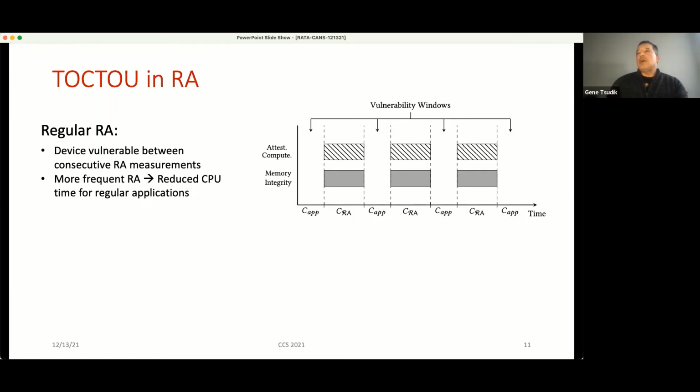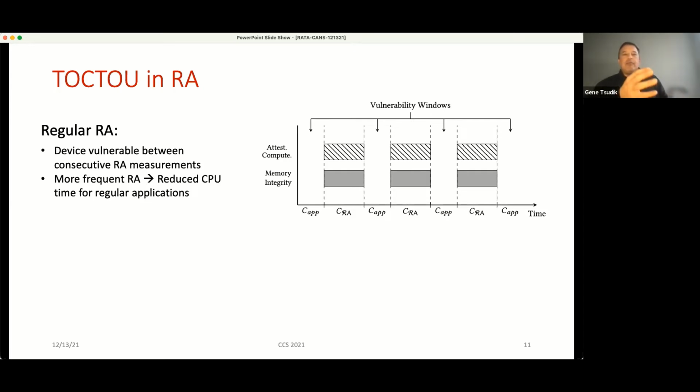And so one natural way, of course, is to increase the frequency of attestation and try to reduce the size of those time windows when malware can come in. If we had some idea of how long it takes for malware to introduce itself onto the device, do its dirty deeds and leave, then we could perform attestation in an interval of time smaller than that.